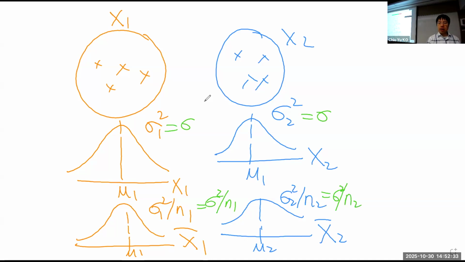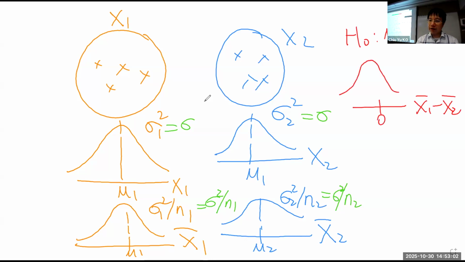Now, since I care about the difference, I hypothesize this. That means the difference follows a bell curve with mean 0, and the variance will simply add together.